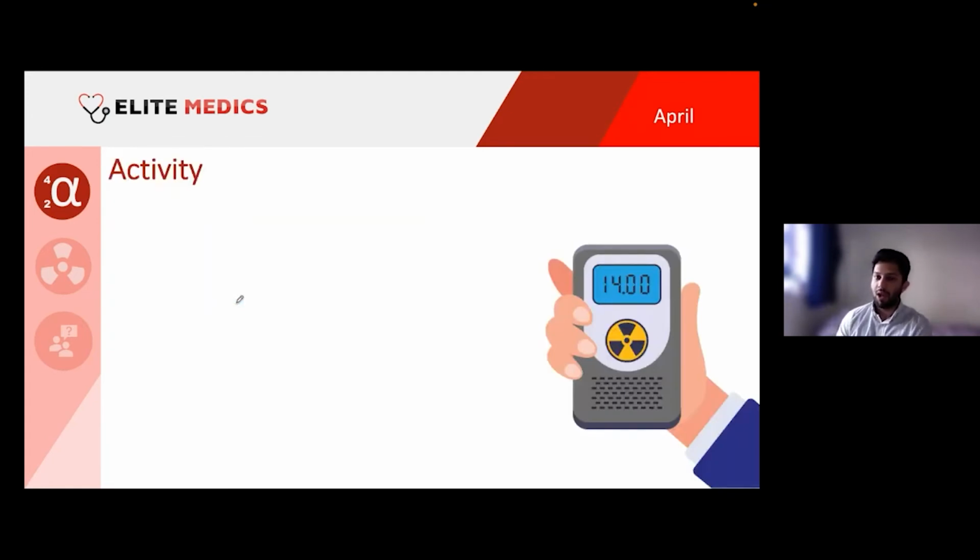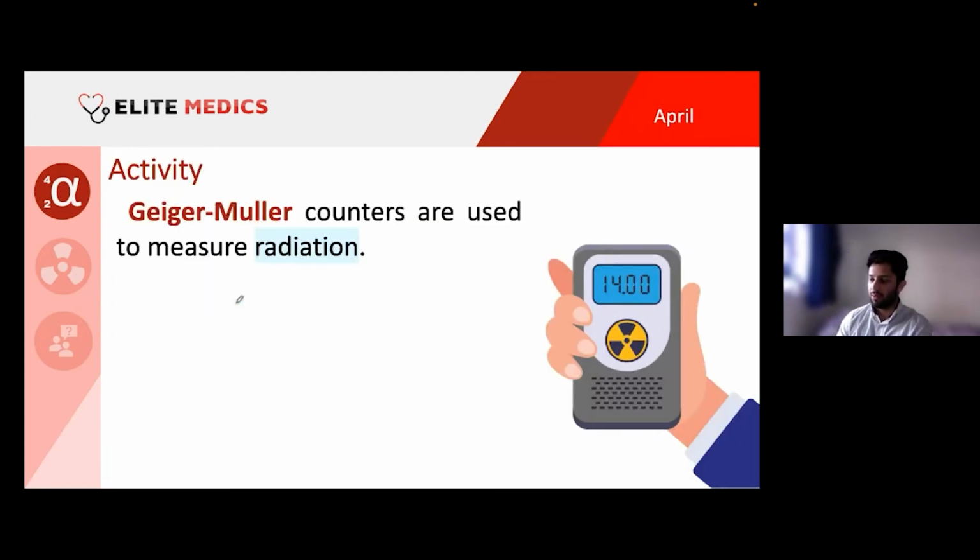Okay, so Geiger-Muller counters, which is one that we've got here, are the instruments that we use to measure radiation. Obviously we can't just sit there and count the particles coming off the radioactive material. I would imagine this was made by some guy named Muller and some person named Geiger.